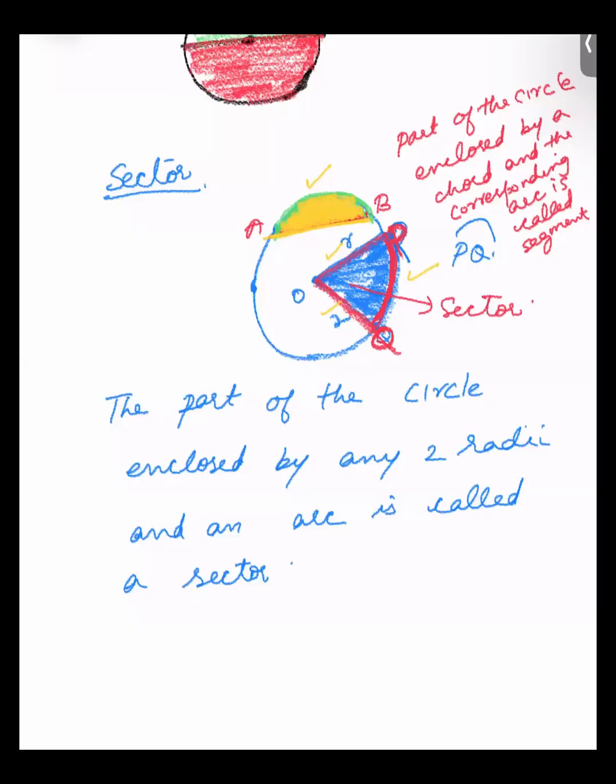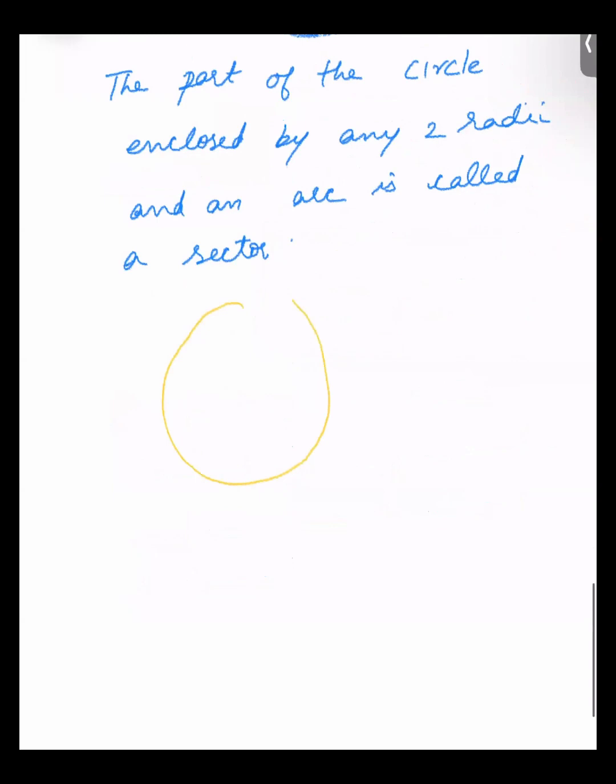Basically, if you have a circle like this, this is the center of the circle. Now I am drawing a straight line like this, and I am drawing a perpendicular from here that touches the center of the circle.